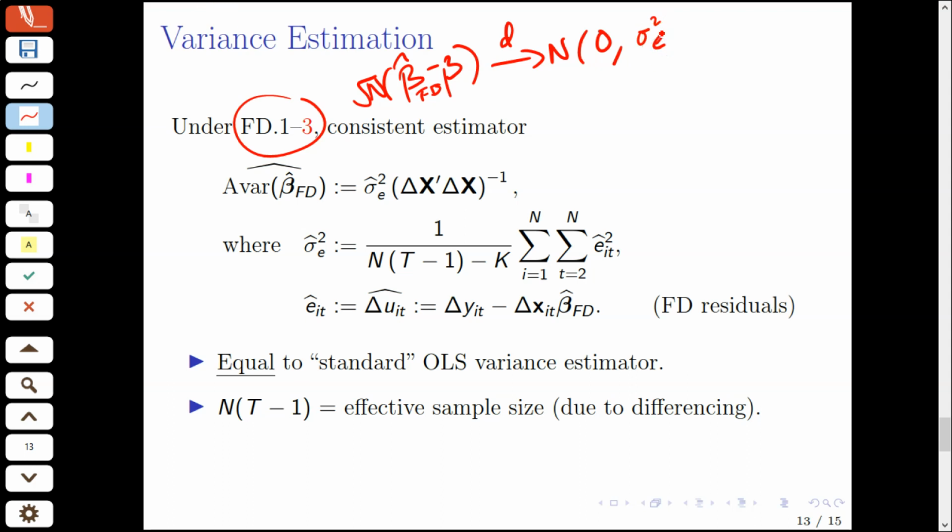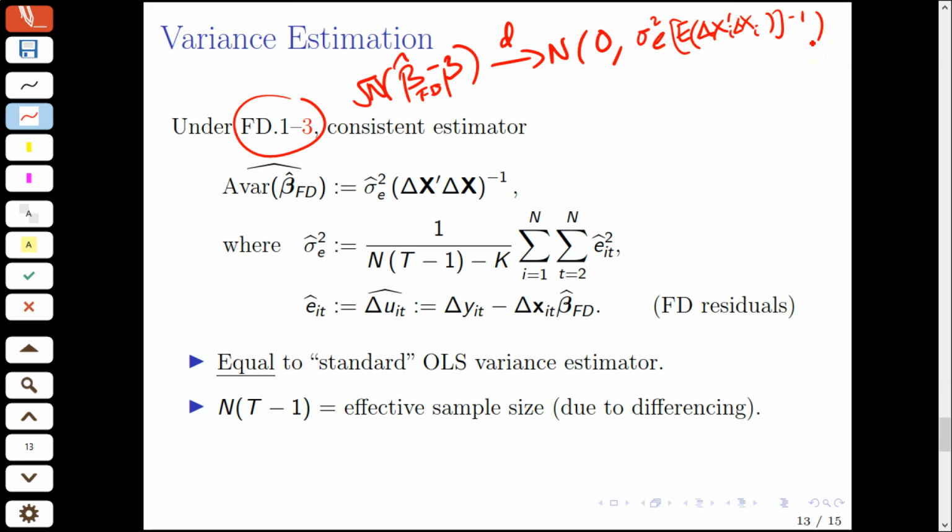And one may show that the asymptotic variance is just sigma squared e times the inverse of the expected product of the first difference regressors.